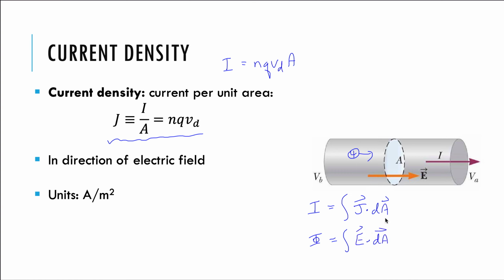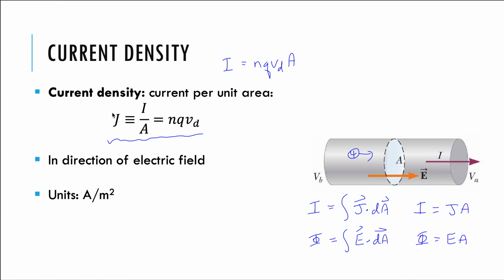But if you remember, for electric flux, we said that if the field was uniform and perpendicular through the area of that Gaussian surface, it was equal to E times A. So it's the same thing that we're doing here. We're not going to look at this more complicated expression that tells us that the current is a flux of the current density, but we're going to say, well, if we have a uniform current density that is perpendicular to the surface, that cross-sectional area, then we can have I equals JA, and so that is the expression that we're using.